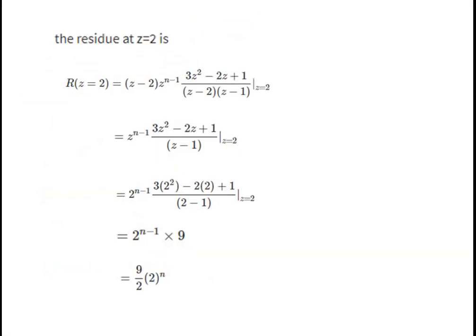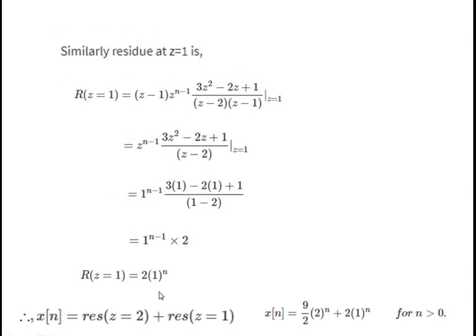Now we find the residue at z equal to 2. The formula is x of z into z power n minus 1 into the corresponding denominator at z equal to 2. After substituting z as 2, we get 9 by 2 into 2 power n.